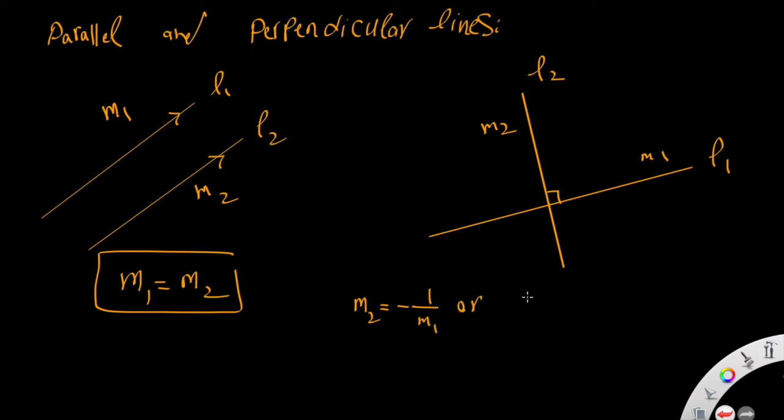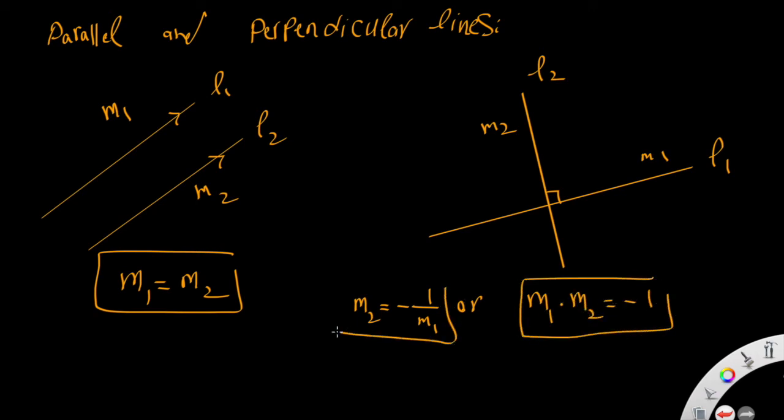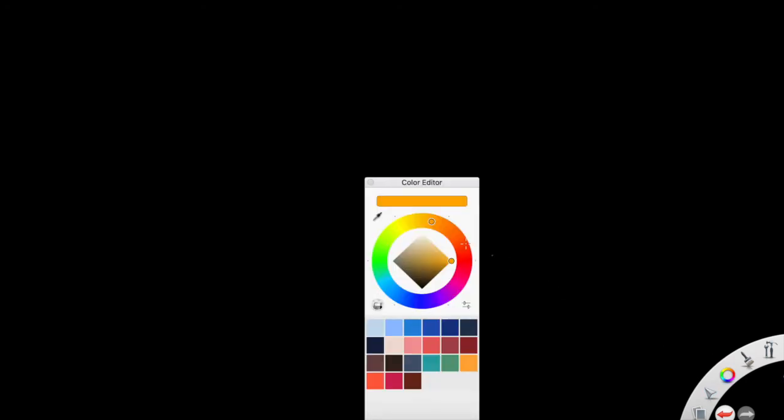Or if you do cross multiplication, you could say M1 times M2 is negative 1. If the gradients of two lines have these properties, then it means that the two lines are perpendicular to each other. Now, let's see some examples.